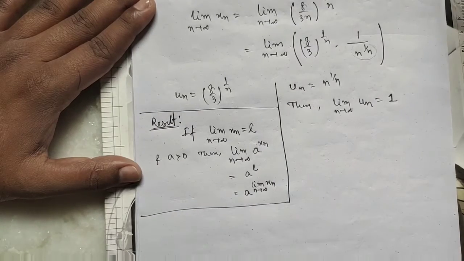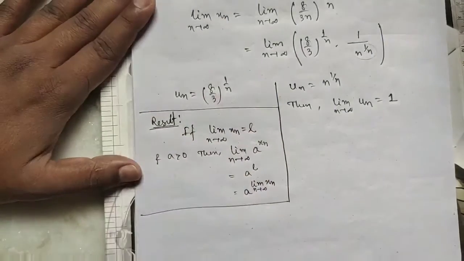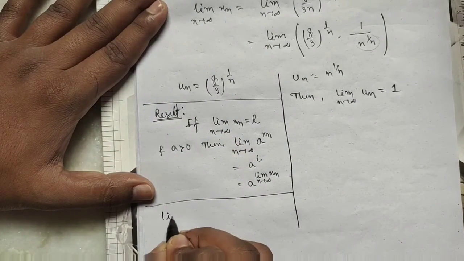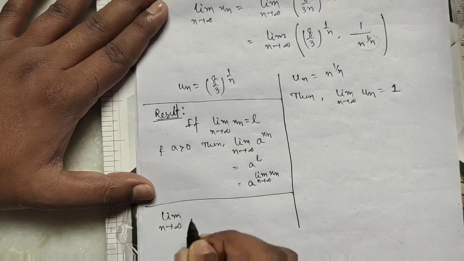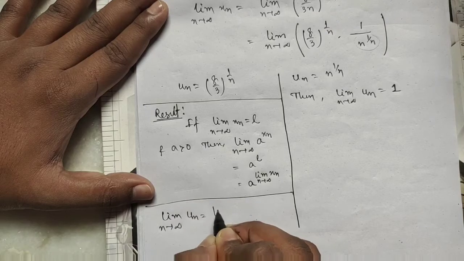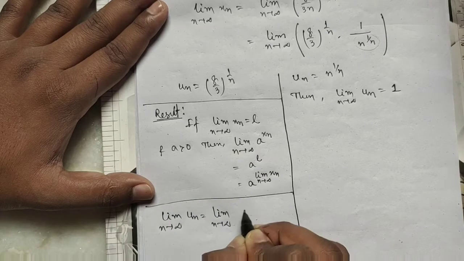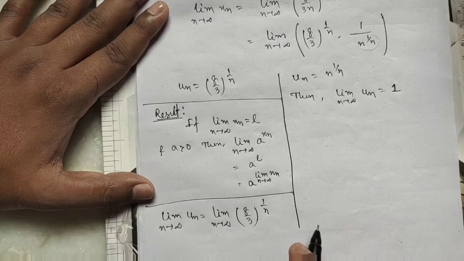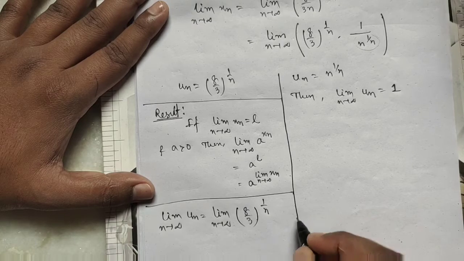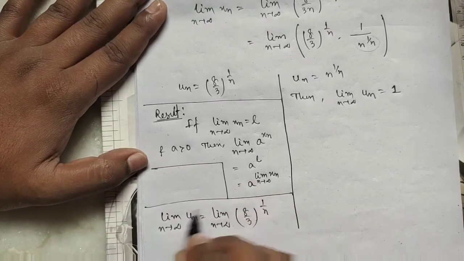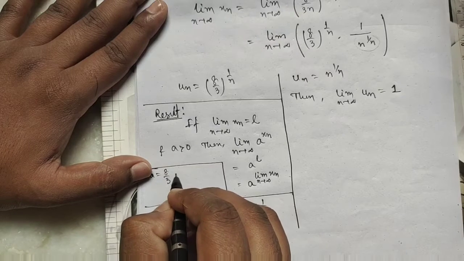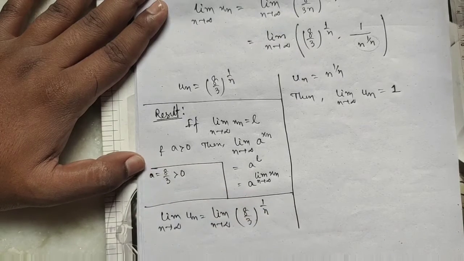Okay, so use this result: limit n tends to infinity un equals limit n tends to infinity (8 by 3) whole to the power 1 by n. Here a equals 8 by 3, which is greater than 0.